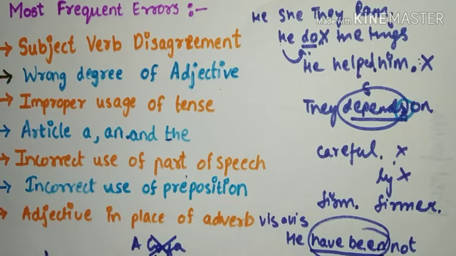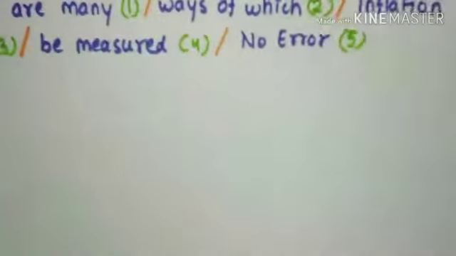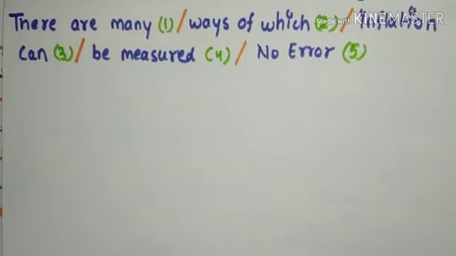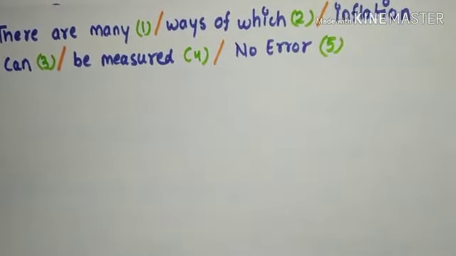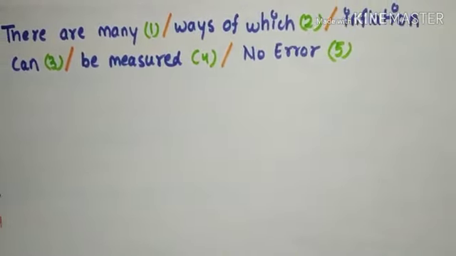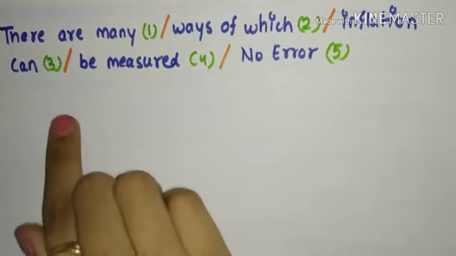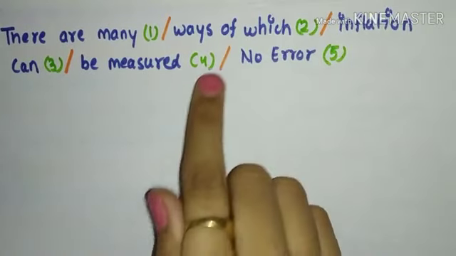As soon as you develop a reading habit, it is going to give you a great advantage, especially in spotting errors, because as soon as you read a sentence like "there are many ways of which inflation can be measured," if you have a reading habit, you will immediately spot that something is wrong.